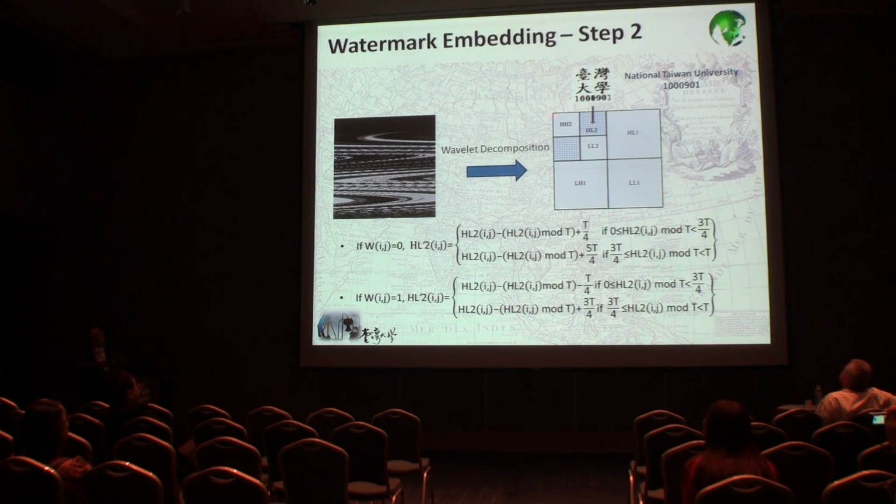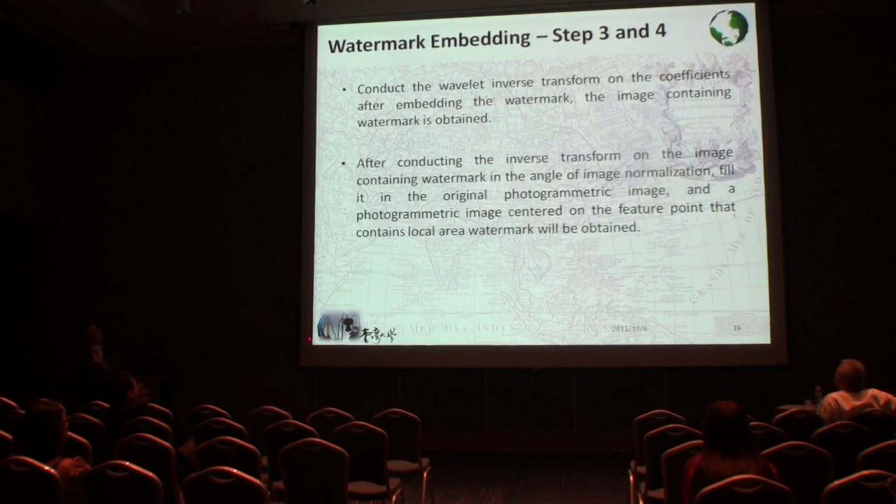And this is a digital watermark. This means the National Taiwan University, and you can also hide some information, a number or other information here. So we hide the information in the band coefficients or wavelet coefficients, and this is the formula for the information hiding. In step 3 and step 4 of watermark embedding, we calculate the inverse wavelet transform when we have embedded the watermark into the selected area.